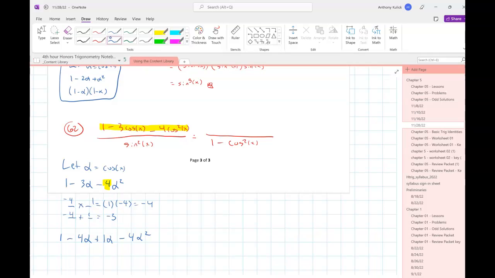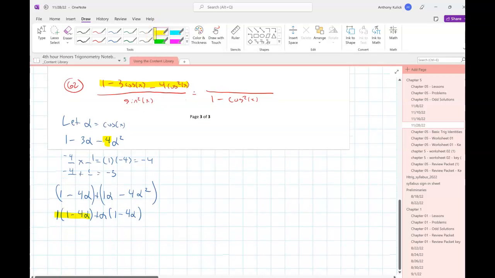So I go ahead and I rewrite my quadratic where I've replaced the middle term, -3 alpha, with -4 alpha plus 1 alpha. I'll make my two groups. From the first group, the greatest common factor is a 1. Well, that's disappointing. From the second group, the greatest common factor is an alpha. And then if I look at each of these as a term, the greatest common factor between those is 1 minus 4 alpha. When I factor that out, what's left is 1 plus alpha.